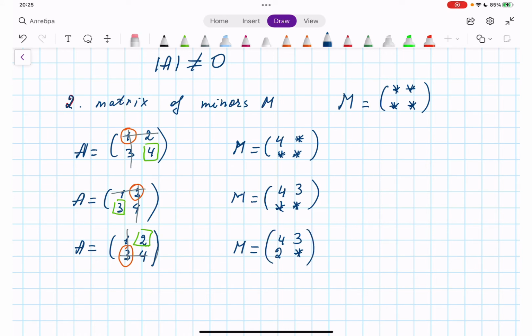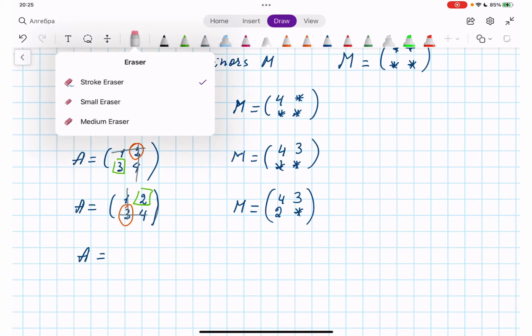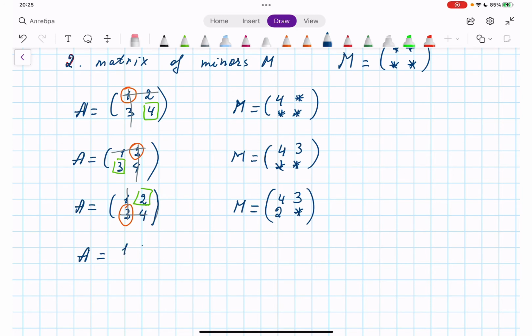And lastly, the last operation, with 4, circling. I'm just going over quickly because you already understood what I am doing. And I will get the matrix of minors 4, 3, 2, and 1. Okay, so we got it. This is the matrix of minors.